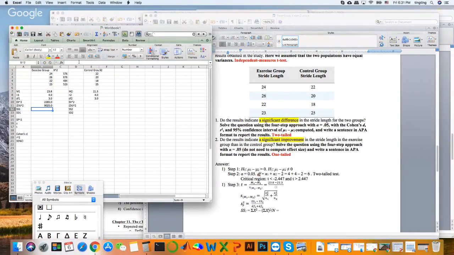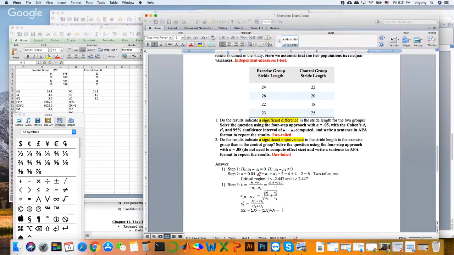So SS1 equals this number, sigma x squared, minus this number divided by n, which is 8.8.